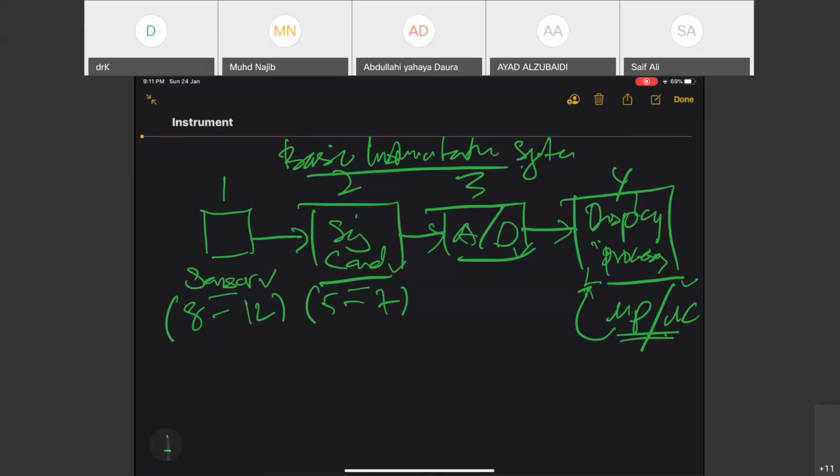We usually have the micro P and micro C. We have seen the basic building blocks of any micro P system, any micro C system, and how the data is given to these processing elements.